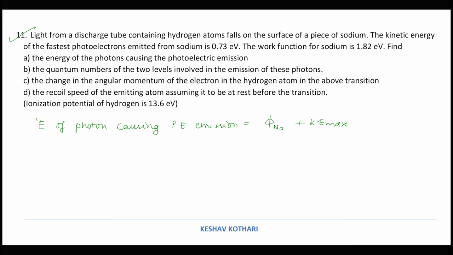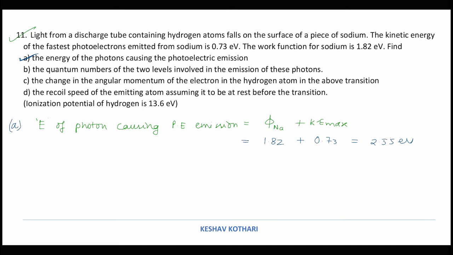Over here I can put these values: the kinetic energy of the fastest moving electron is 0.73 electron volt, and the work function is 1.82 electron volt. On adding them we get a value equivalent to 2.55 electron volt. So this is the value of the energy of photons causing the photoelectric emission. With this we have ended part A.